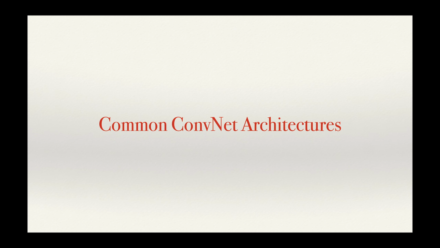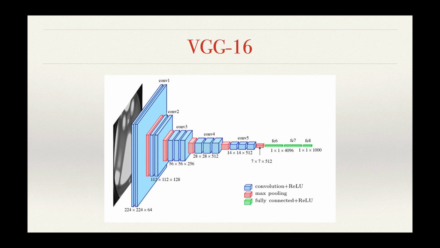So the common convolutional neural network architectures are now common architectures that can be used in different scenarios, like in medical imaging, like in self-driving cars, object recognition, and so on. The first one is called VGG 16. It has also other versions.